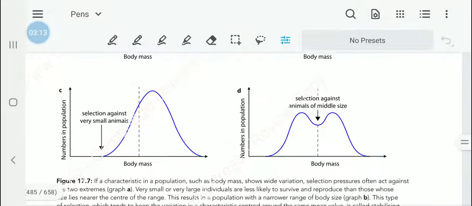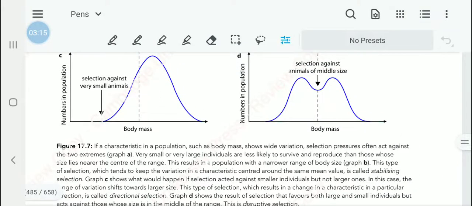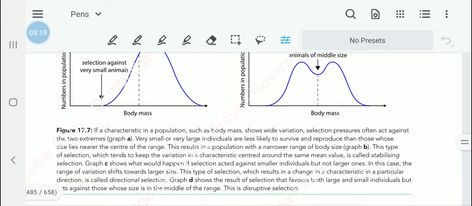Then in the C graph, some characteristic changes. If the selection factor is against very small animals, then the large animals will be favored.